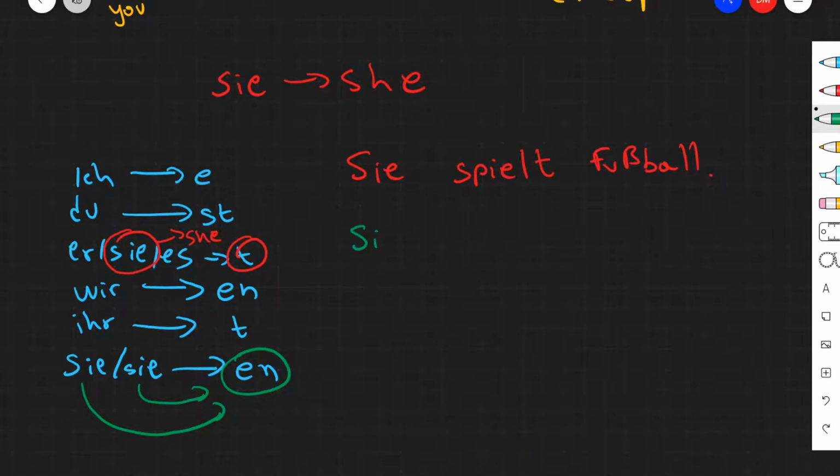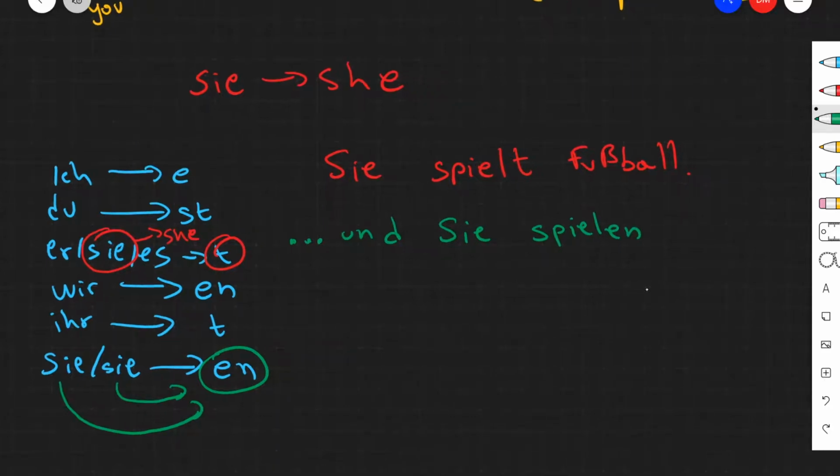Let's suppose that this sentence starts with something else. Und sie spielen Schach. Okay?